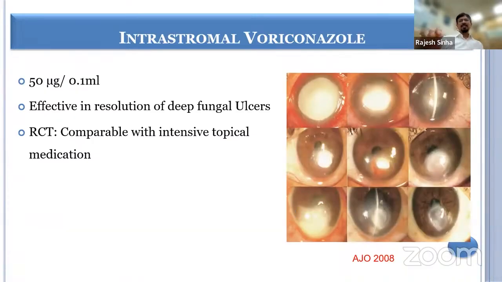Then we had a case series of intrastromal voriconazole, wherein this is a case of fungal keratitis, where intrastromal voriconazole was given and it improved significantly. Another case with injections of intrastromal voriconazole also improved significantly. The dose is 50 microgram in 0.1 ml.